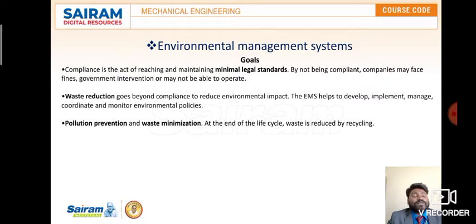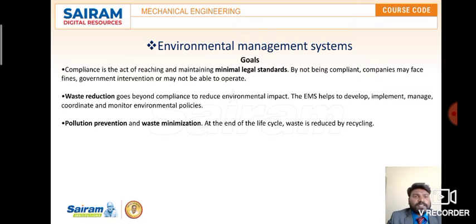The next one is waste reduction, to reduce environmental impact. Whatever industries we take, automobile industry or any other, waste is contributing to our surroundings and atmosphere. The main motto of this environmental management system is to reduce the waste, going beyond compliance, to reduce environmental impact.